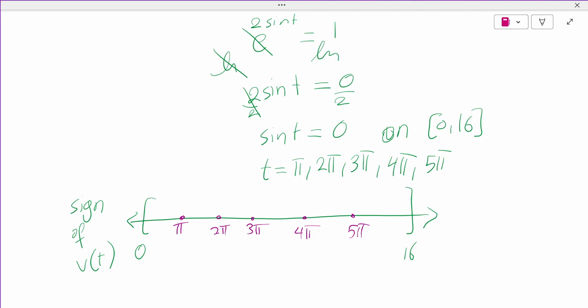Let me just double check: 5 pi is approximately 15.7, which is less than 16.